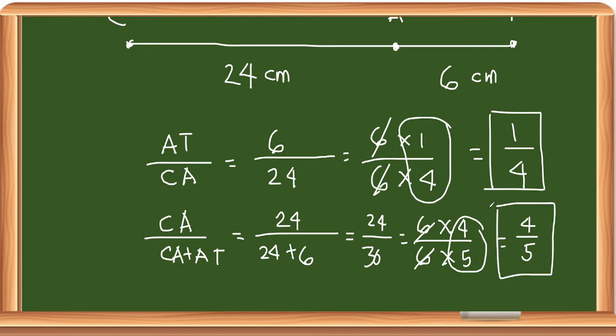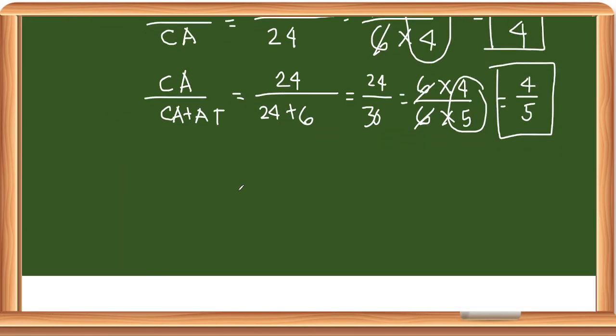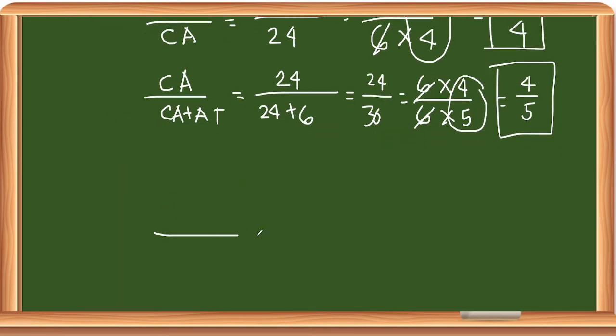Okay, so if you don't have any more question, let's have another example. This time, DOG. Okay, so we have here D, and then this is point O, and then this is point G. Lagay natin dito yung O. Okay.